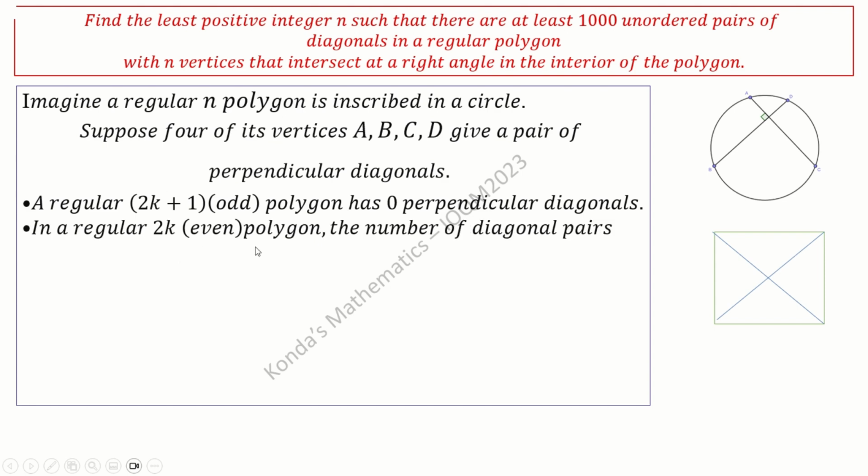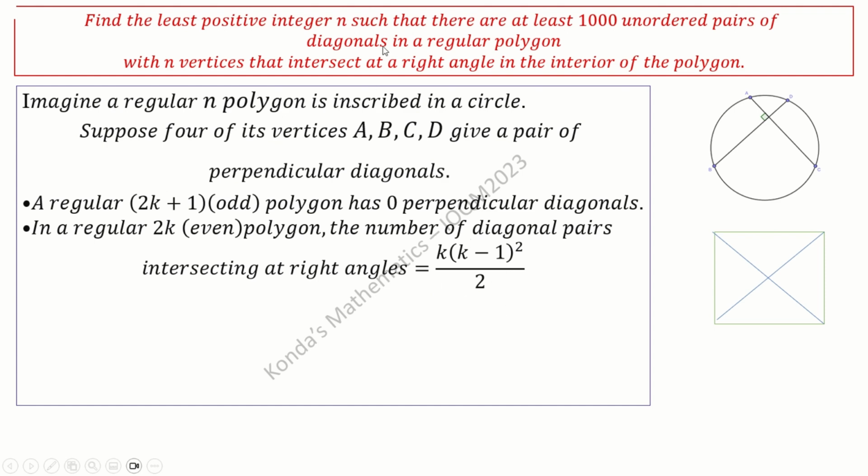So for a regular 2k even polygon, the number of diagonal pairs is given by the equation k times (k minus 1) whole squared by 2. This I got from Stack Overflow. You can search for the same problem and you will get a link there. But he has not given the proof of this one. So I would love to hear from you to see the proof of this equation. This equation fits; this is the right equation.